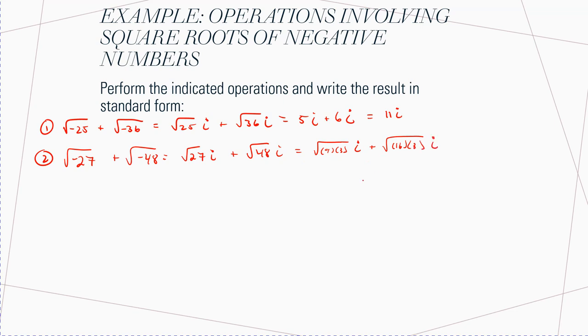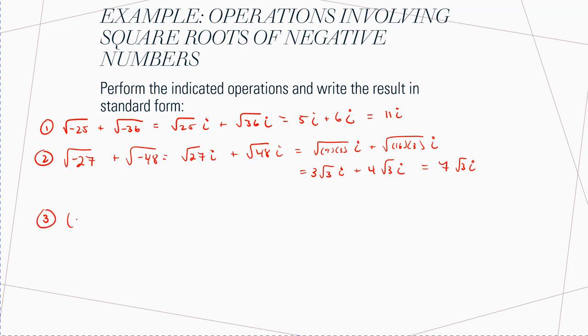And the reason I did that, right? What's the square root of 9? The square root of 9 is 3. So this is 3 times the square root of 3 i plus 16. Well, the square root of 16 is 4, so this is 4 square roots of 3 times i. Well, look, square root of 3 i, square root of 3 i. So 3 plus 4 gets me 7 square roots of 3 i.